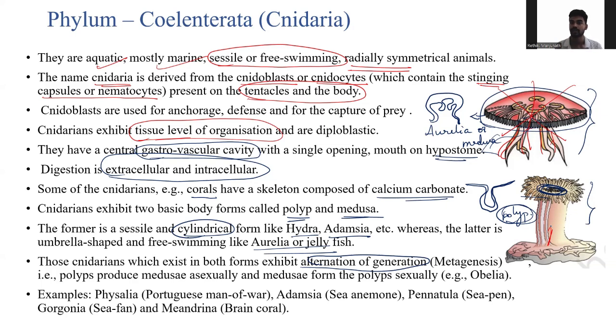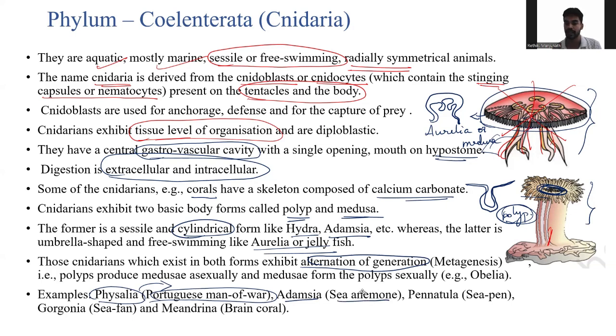Even though they belong to the same species, there are some differences. Examples: Physalia, so you should remember this. The Physalia is called Portuguese man of war because of its structure. Adamsia, which is called sea anemone.